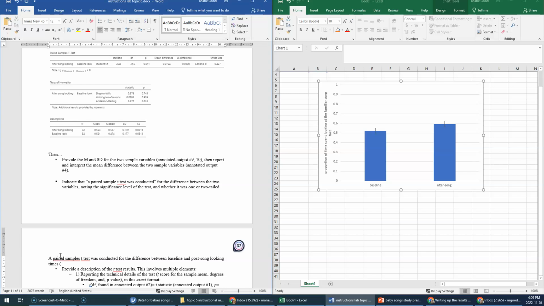And we are going to say significance level is 0.05. You could also say just alpha equals 0.05. And it was a one-tailed test, right? Because we had a directional hypothesis.